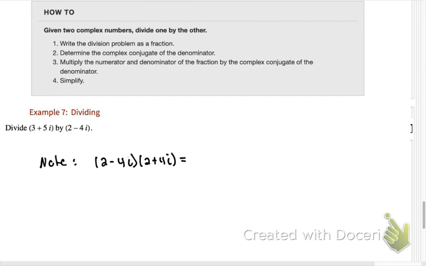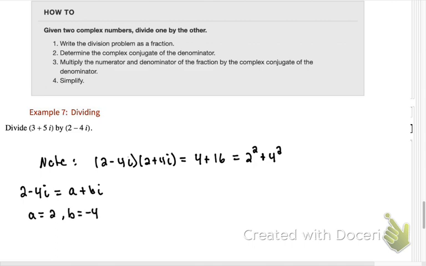And we ended up getting 4 plus 16, which you may notice is 2 squared plus 4 squared. If you think of the number 2 minus 4i as our a plus bi, a is equal to 2, and b is equal to minus 4.